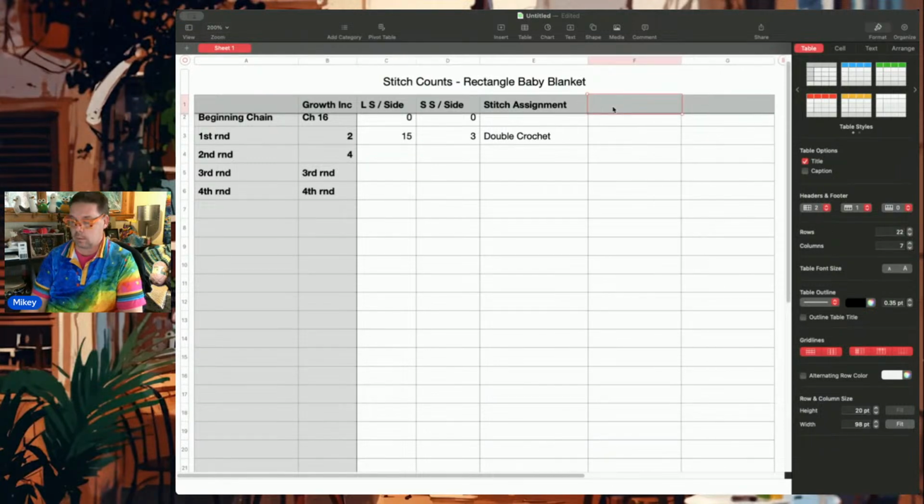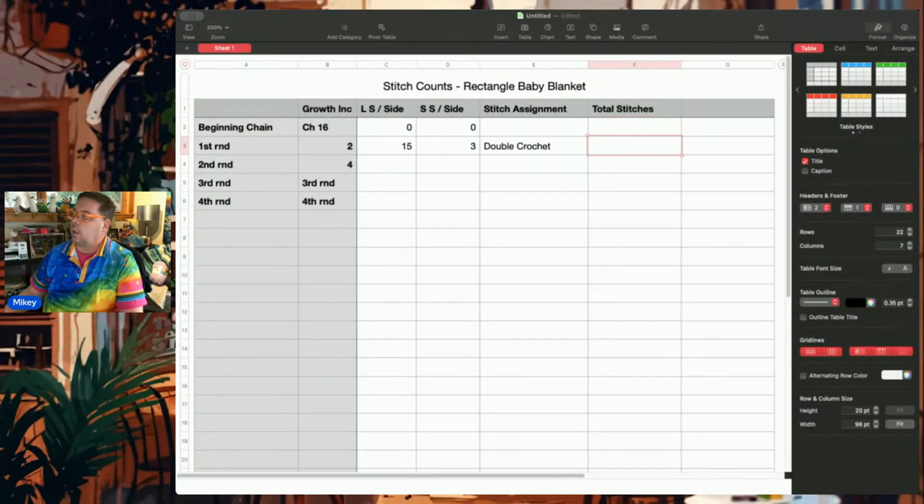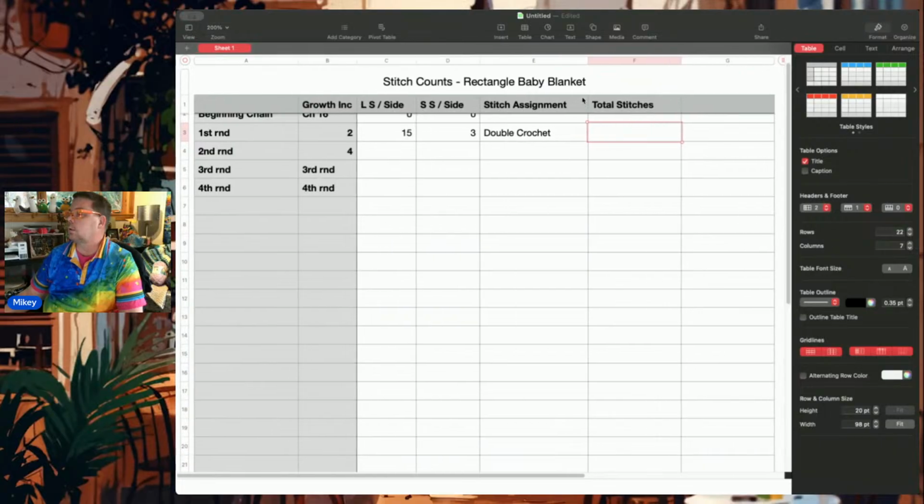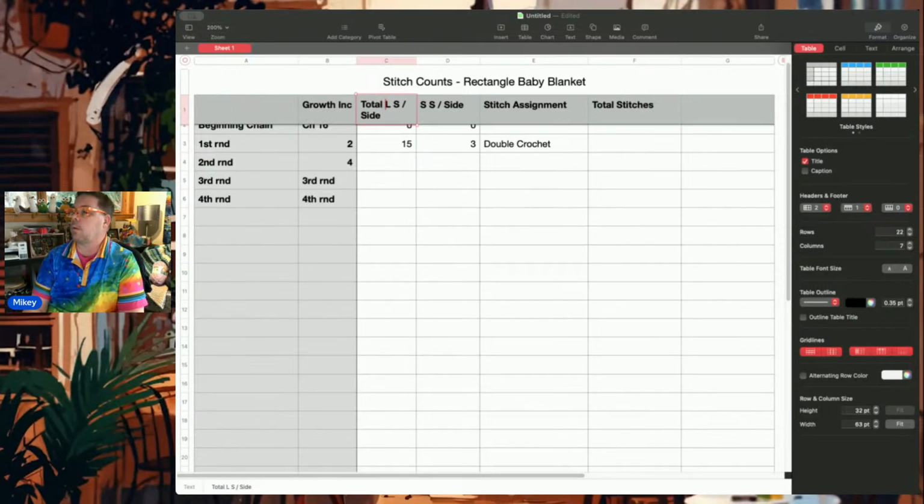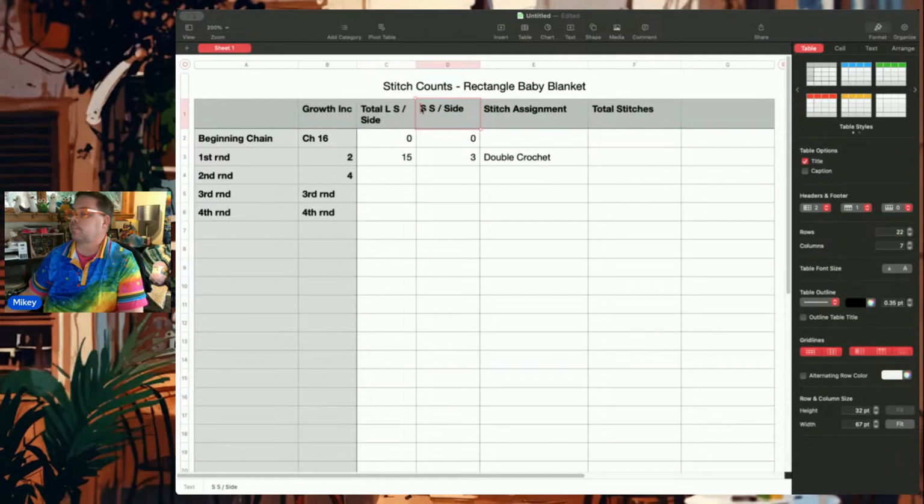And total stitches. So sometimes it is, oh, these are the total stitches. Total.